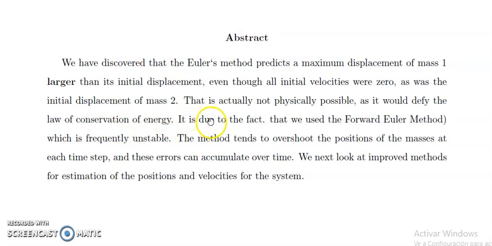The reason that happened is because the forward Euler method is frequently unstable. The method tends to overshoot the position of the masses at each time step, and this error can accumulate over time. Now, we are going to look at an improved method for estimation of position and velocity.